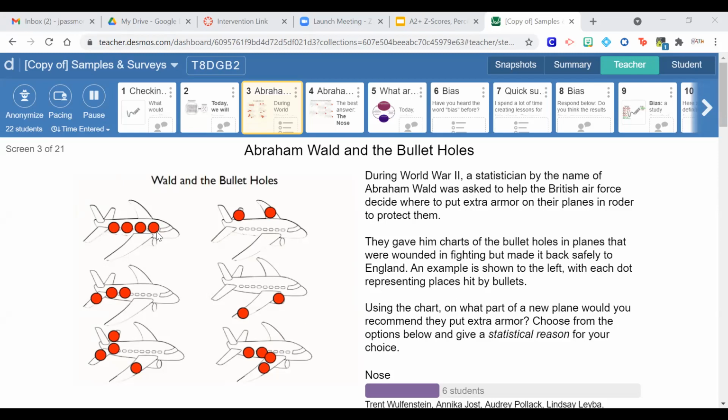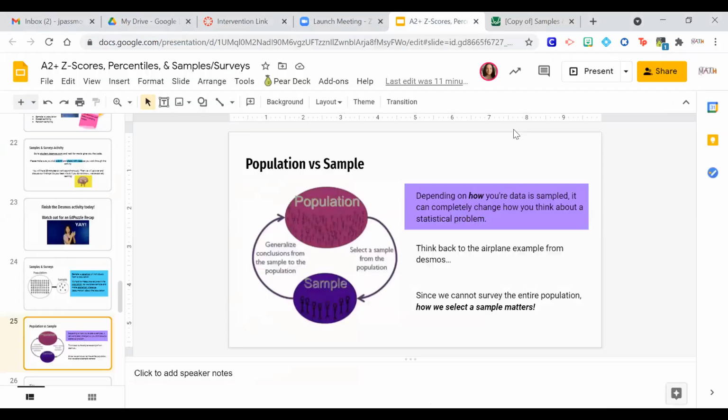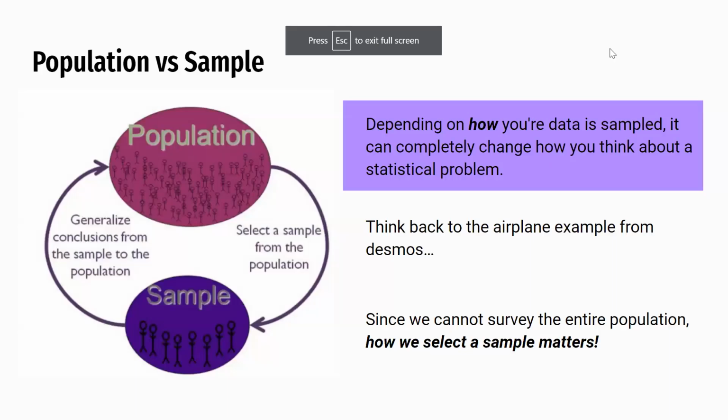Would you put it here on the body? Would you put it by the tail end? Would you put it on the wings? It was really important that we understood how this data was collected, because the answer to that problem was none of those positions.